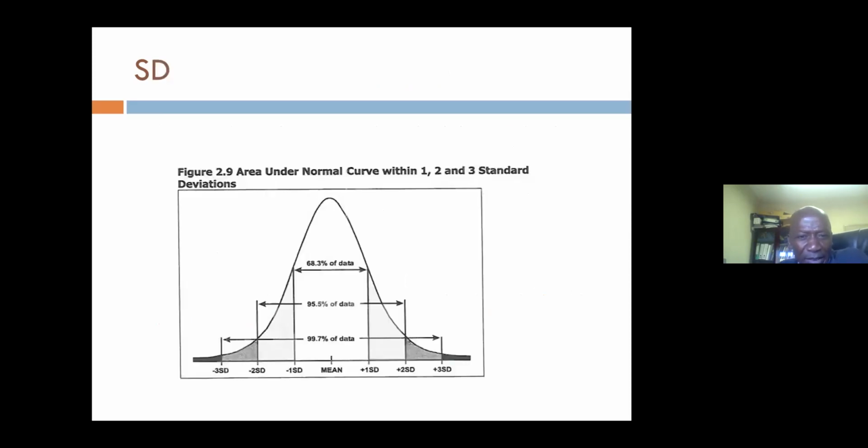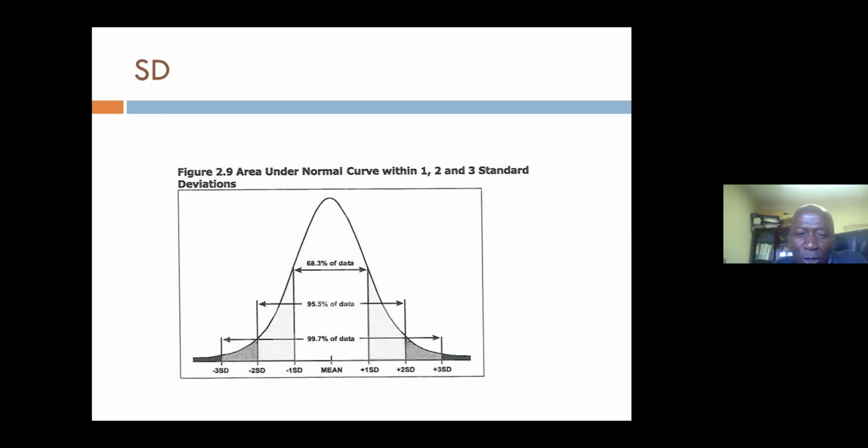So if you look at that standard normal curve there, under the normal curve, it shows the amount of data that exists for a symmetric distribution within one standard deviation, within two standard deviations, within three standard deviations. That's typifying the empirical rule for the distribution of data in a symmetrically distributed curve.